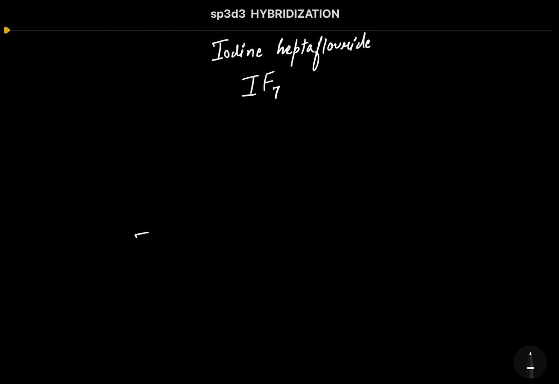So that's my iodine over here. The first fluorine, second fluorine, third fluorine, fourth fluorine, fifth fluorine, sixth fluorine, and the seventh fluorine. Now let's talk about the iodine first. The iodine is a member of group number 17, and that's halogens.